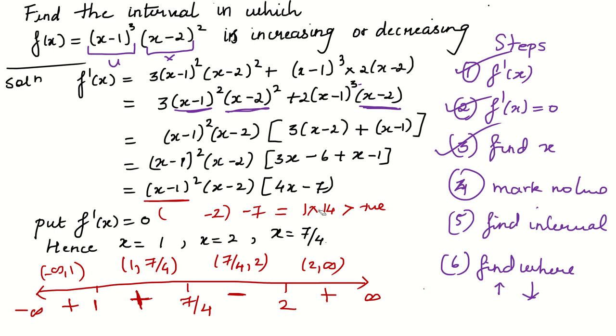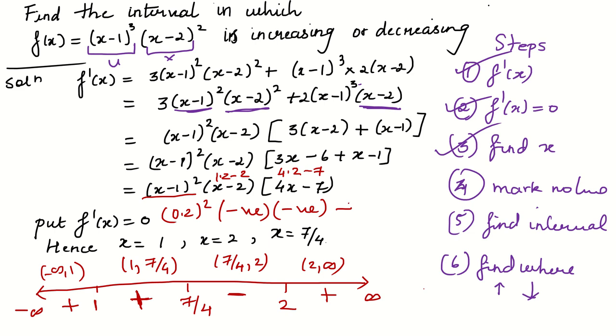Similarly, your next interval is 1 to 7 by 4. So you can take around 1.2. If you take 1.2 here, you will get 0.2 the whole square. Then here you will get a negative answer because it's less than 2. 1.2 minus 2 is obviously a negative number, and here 4 times 1.2 is 4.8 minus 7, still a negative number.